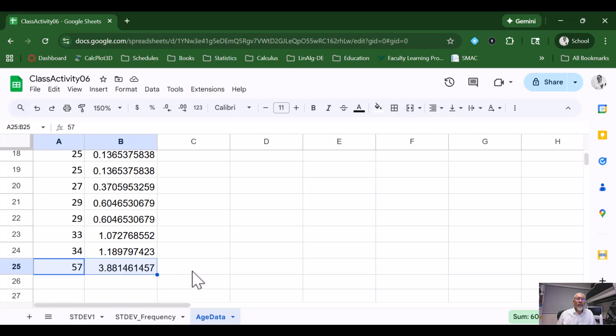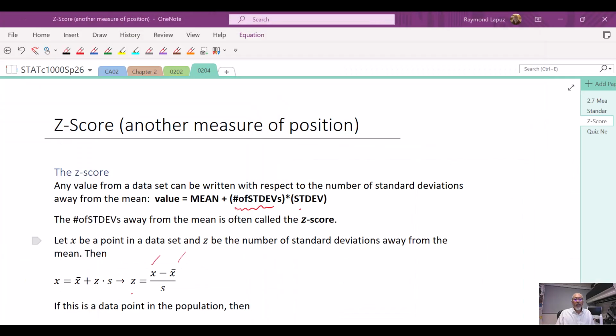So anything usually over 2 standard deviations away from the mean can be considered an outlier. And that's what we saw before when we were using the quartiles to measure a position. Here we're using the mean and standard deviation to measure a position, and we see that this is in fact still an outlier for us. All right, so that is the quick story on the z-scores.